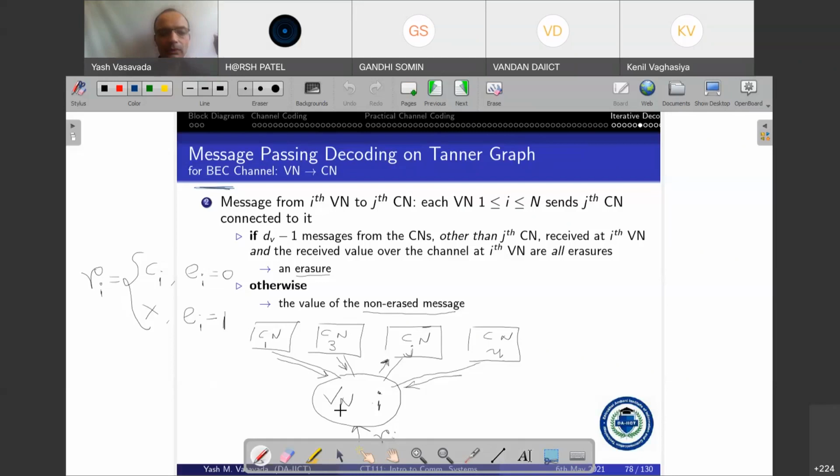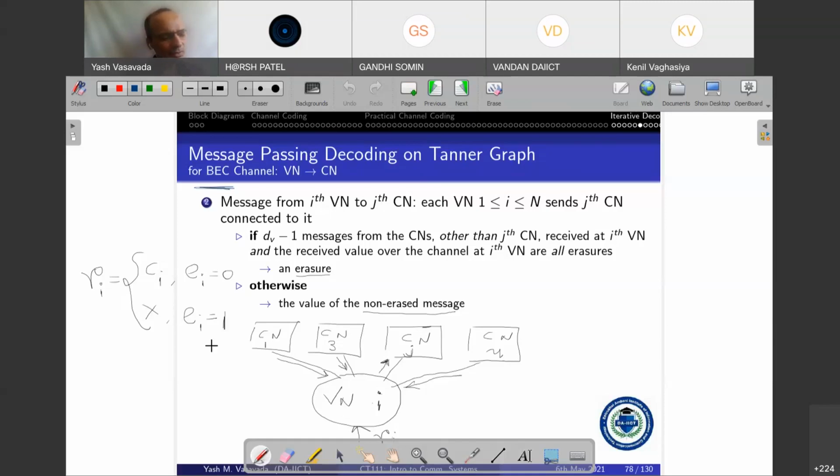Okay, I'll ask you to think like this. Suppose there are no errors in the received sequence. So all the VNs, VN1, VN2 up to VNN, are actually the transmitted code word bits, and each of the CNs is going to be satisfied.